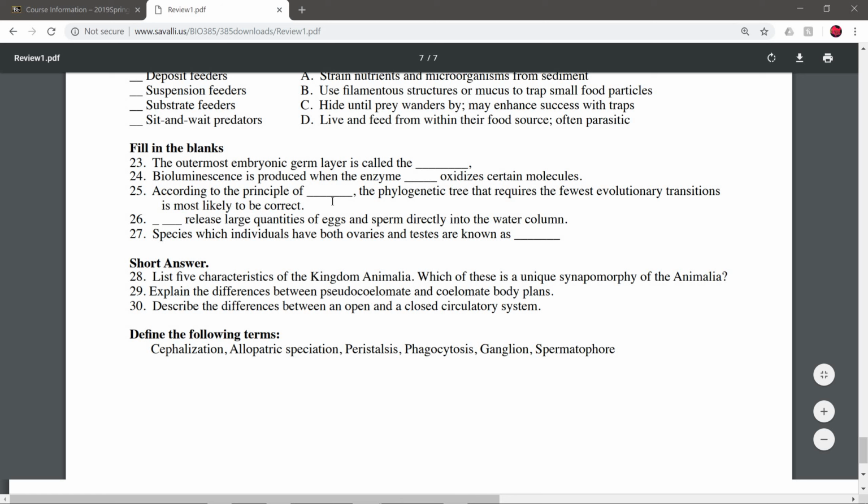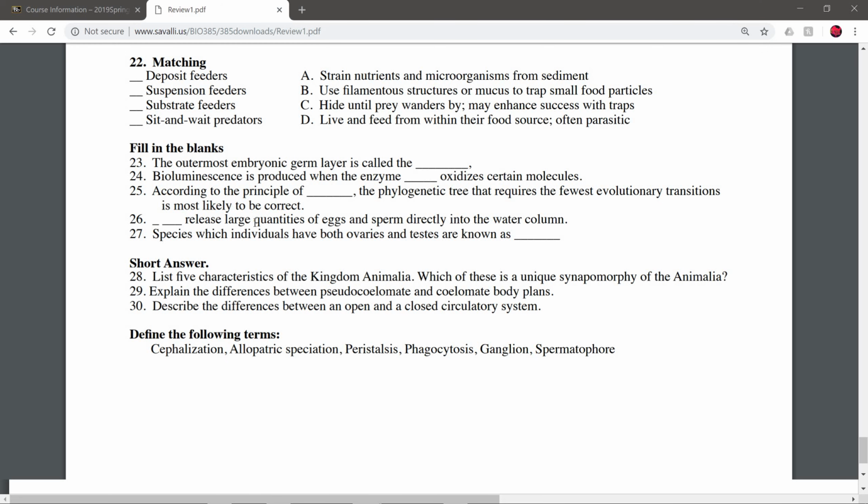According to the principle of blank, the phylogenetic tree that requires the fewest evolutionary transitions is most likely to be correct. Parsimony. Blank release large quantities of eggs and sperm directly into the water column. Broadcast spawners.